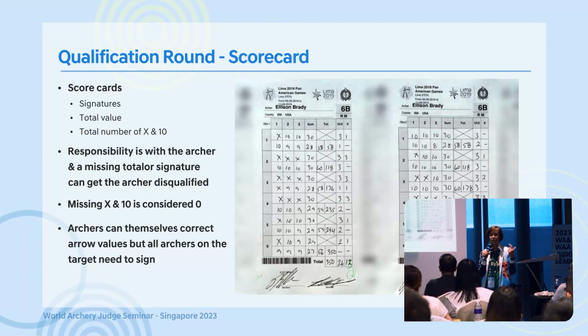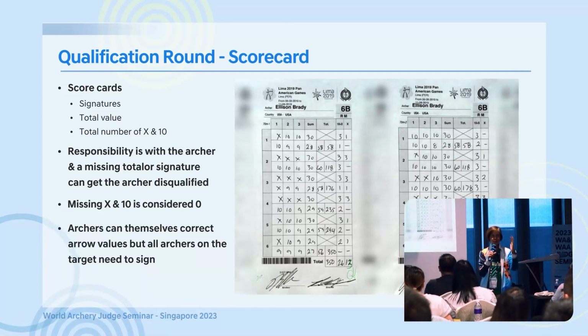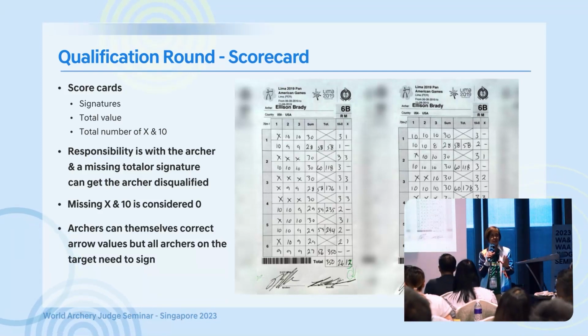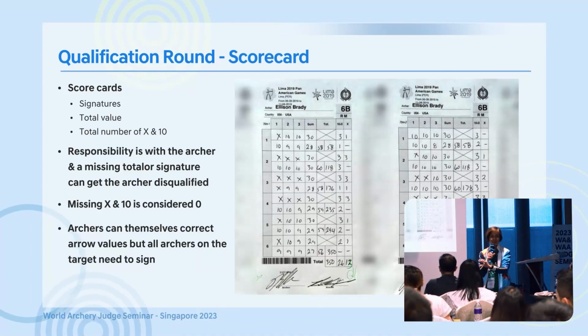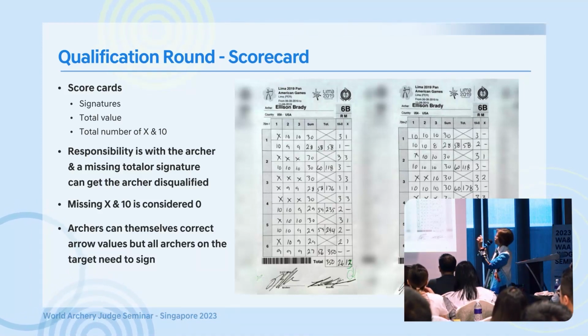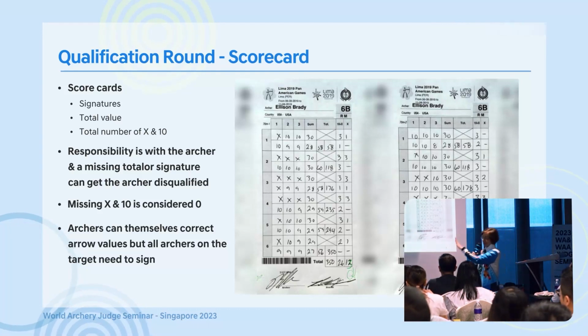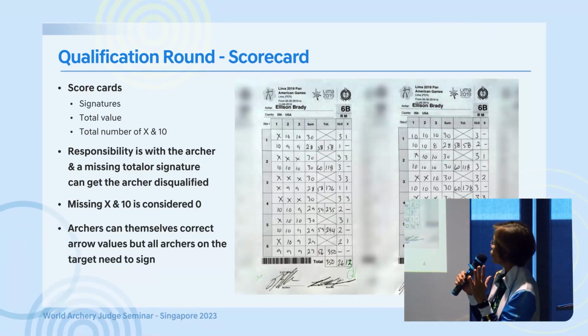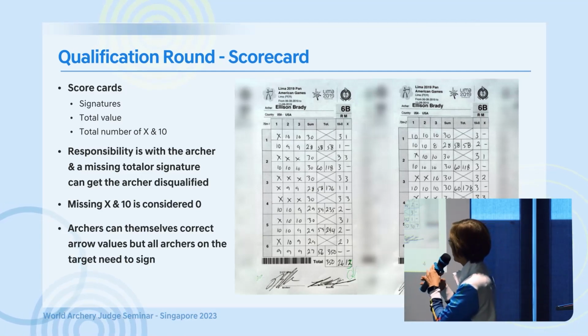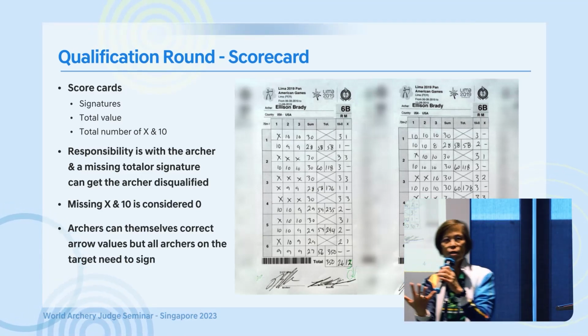That being said, it's still the responsibility of the archer to make sure that everything is filled in. They have the totals, the sum totals, the totals of the tens, and the number of X and 10, and of course the signature of each archer and whoever is the scorer on that target.